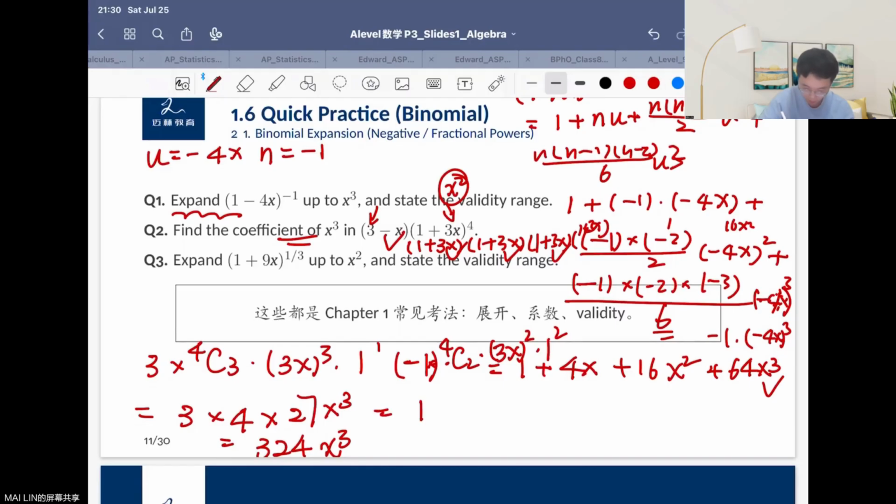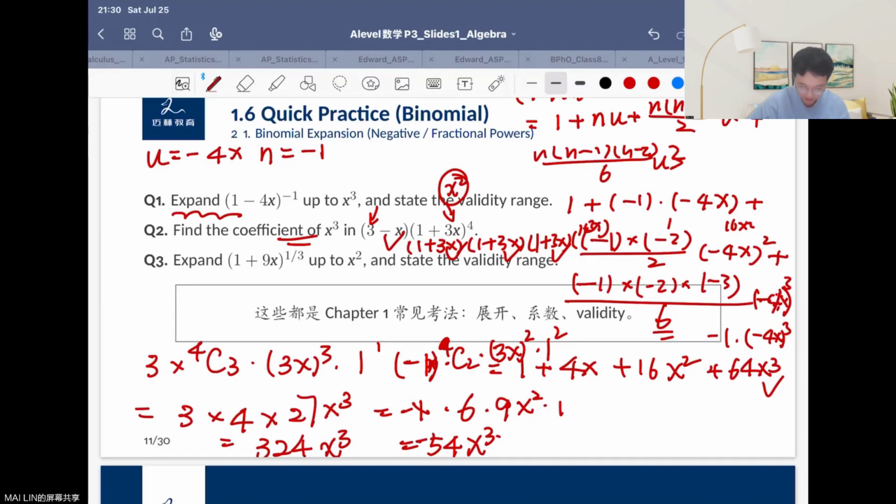The value here is 1 times 4C2, meaning 4 times 3 over 2, that is 6, and then times 9x squared times 1. The answer is 54x cubed, sorry, negative x, so here it is minus 54x cubed.